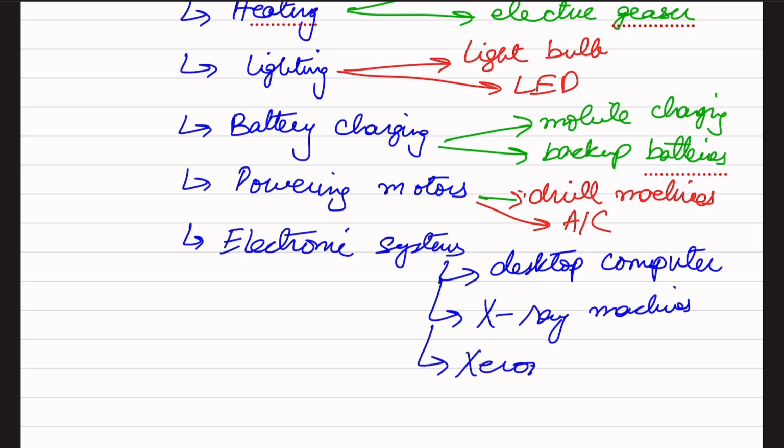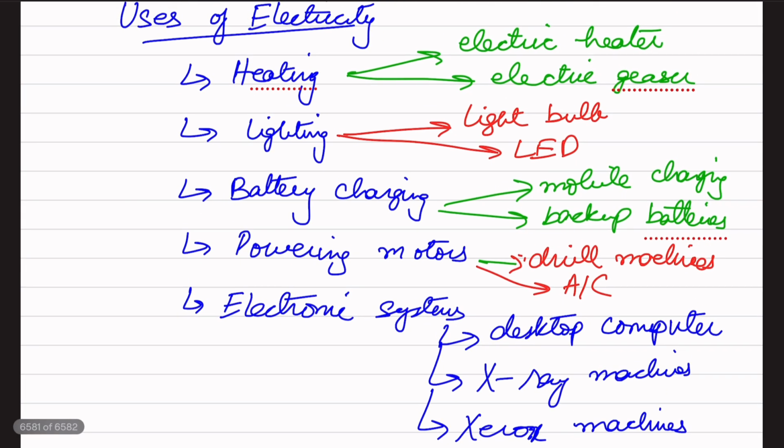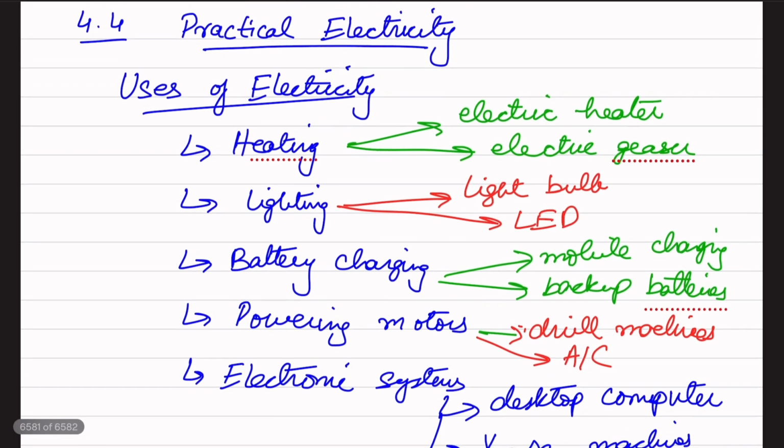They all run on electricity. So these are some of the examples that you have to keep in mind, because in the exam they will ask you to write some examples on the uses of electricity and give daily life examples as well. In that case, you have to mention the use of electricity, and give a couple of practical examples, and each example might carry 0.5 marks. So it's very important from the perspective of the exam.